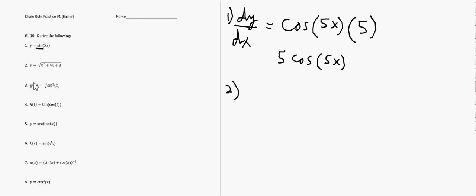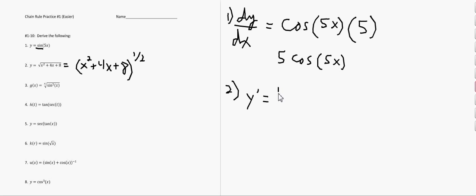Alright, number 2. Same thing. We have a square root, and then inside the square root is another function. So we have this concept of an inside function and an outside function. To get y prime, dy dx, same thing. The first thing we're going to do is derive the outside function, which is to the 1/2 power. This is the same thing as (x squared plus 4x plus 8) to the 1/2.